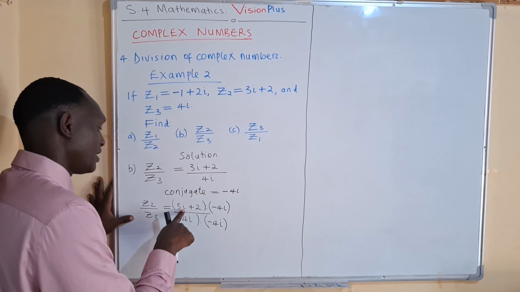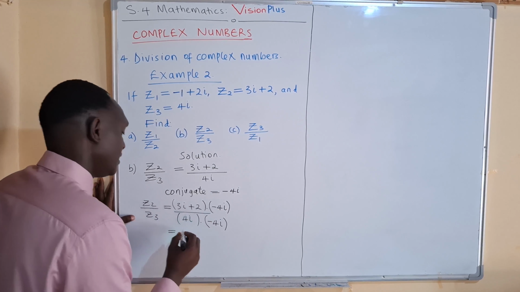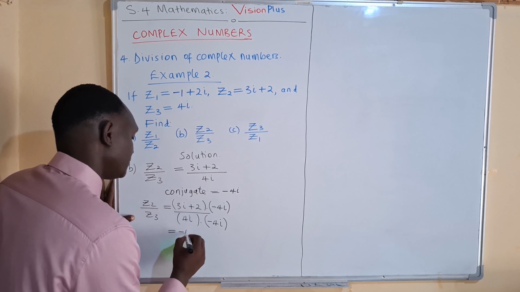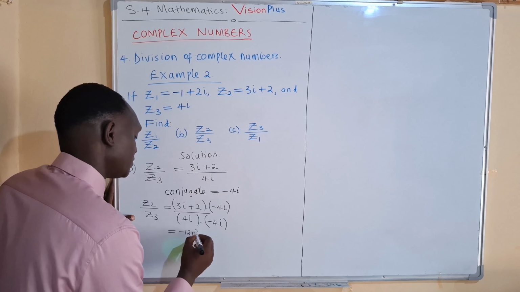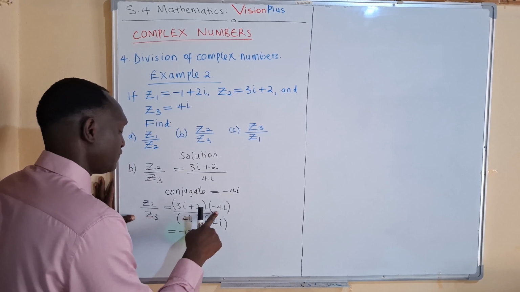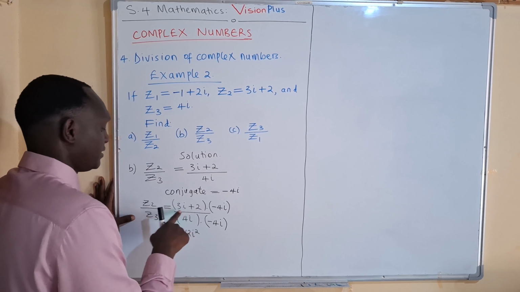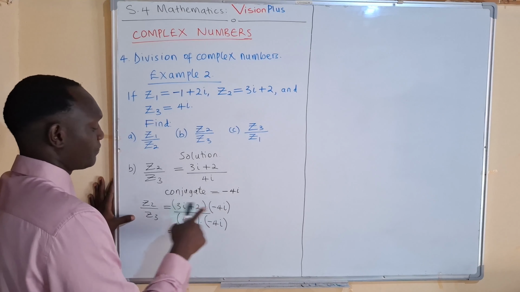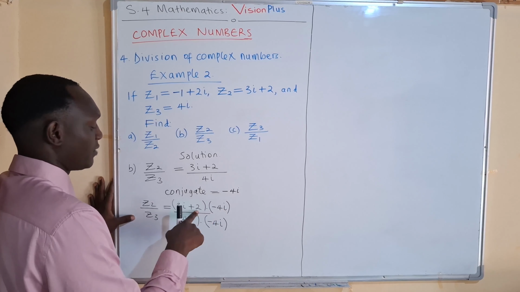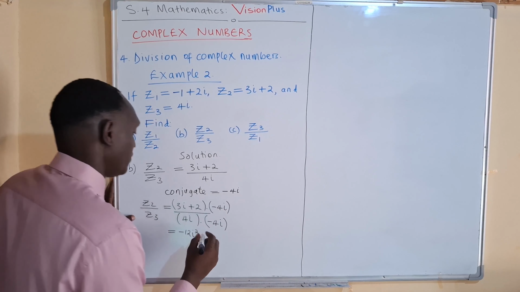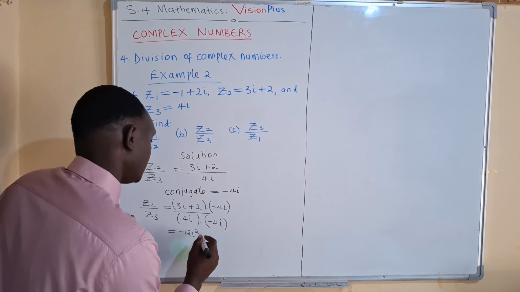So we start: 3i times negative 4i will give us negative 12i squared. Why? 3 times negative 4 is negative 12. i times i is i squared. Since here we have only one term, 3 has multiplied it. Then we come to 2. 2 times negative 4i gives us negative 8i.